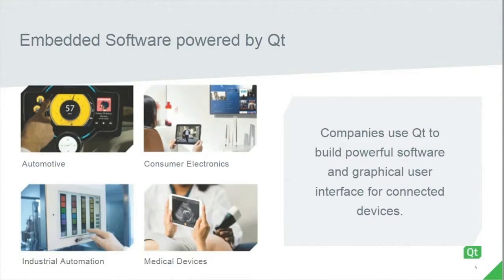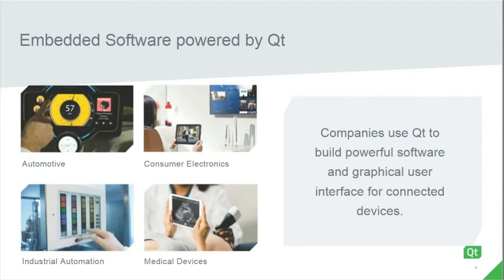A few words also on the market that Qt covers, because as you have seen from the reference customers, these are very varied. Qt originally was, and still is, well known for desktop applications, like creating applications for Windows, Linux, and Mac. But it's been years now that the Qt Company has been putting a lot of effort on making Qt a great framework for embedded systems as well.